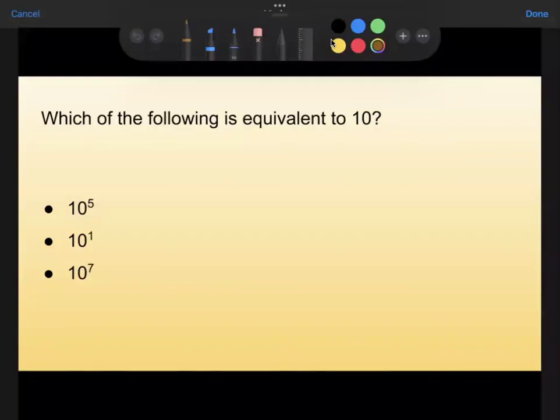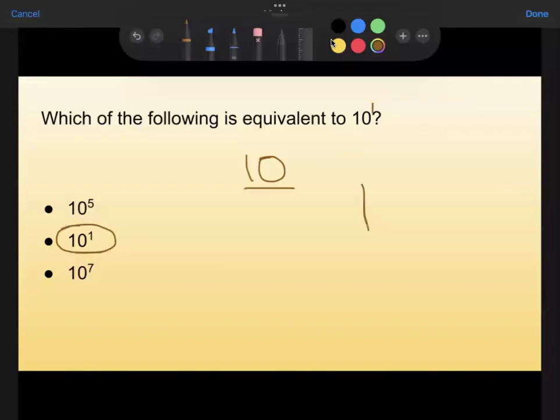Okay, here is our last example for today's video. Which of the following is equivalent to just 10? Okay, so if you get a base and there is no exponential number, there is an imaginary little 1 up there, 10 to the 1st power. Also, if we just have 10, we're not multiplying it by anything, but there is one base present. So that means that would be 10 to the power of 1.